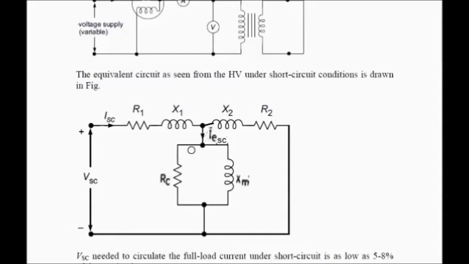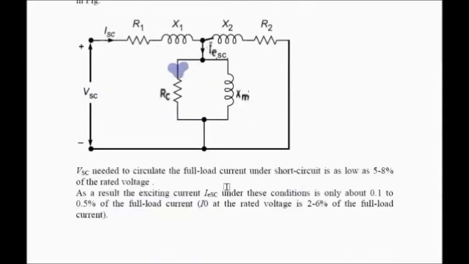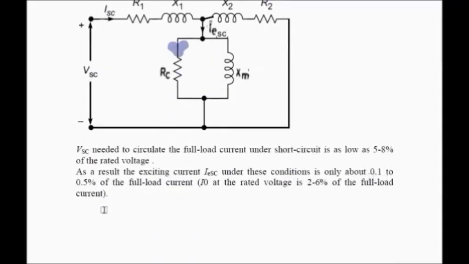Here IESC is coming from this side, so a part of this current will move in this side, and that current square multiplied by RC will be the loss in the core, and this core loss is very small because IESC is just 0.1 to 0.5% of full load current.